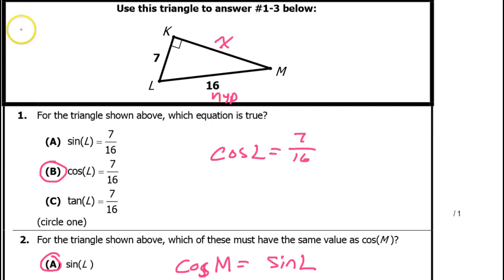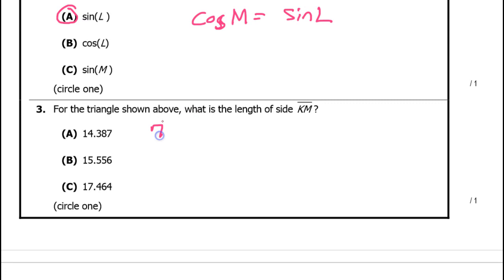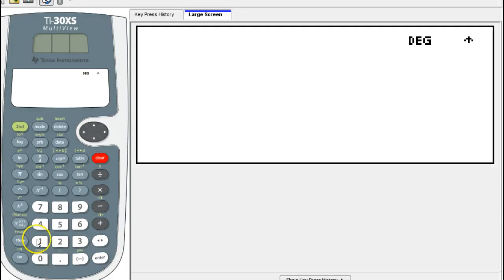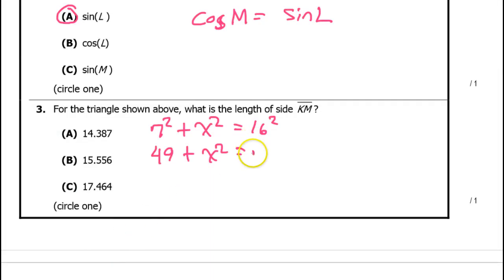So this is going to be 7 squared plus X squared equals 16 squared. So that's going to be 49 plus X squared is equal to 256. Alright, subtract 49 from both sides.